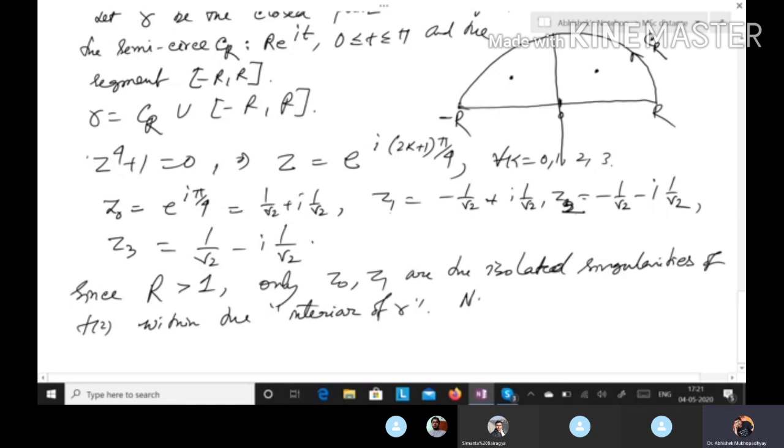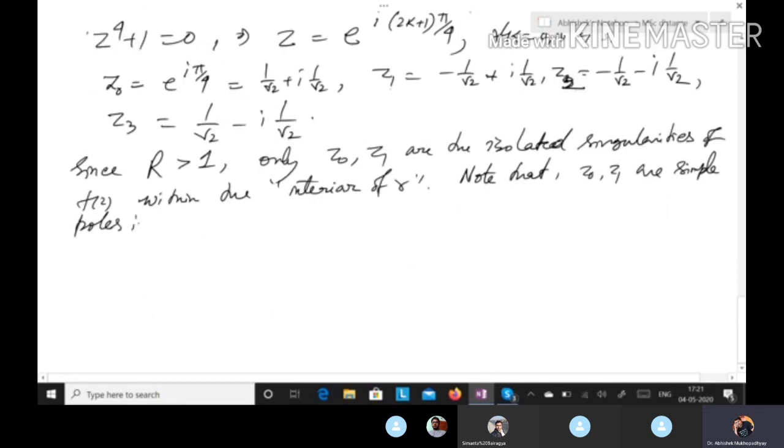Also note that since these roots are distinct, z0 and z1 both are simple poles, that is, poles of order 1. Since they are poles of order 1, we have a simple formula to derive the residue at both these singularities.